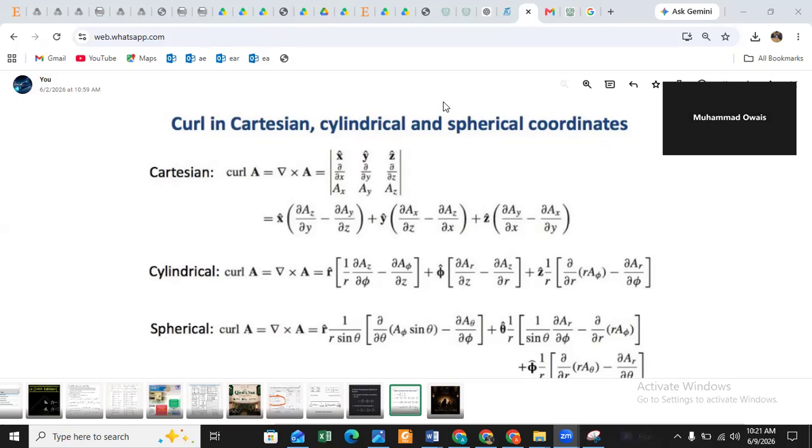And after that, we discussed the curl operator, that is Cartesian, cylindrical, and today the curl of the spherical coordinate system. Hopefully there is no question, query, or difficulty at your end, and all things have been clear.